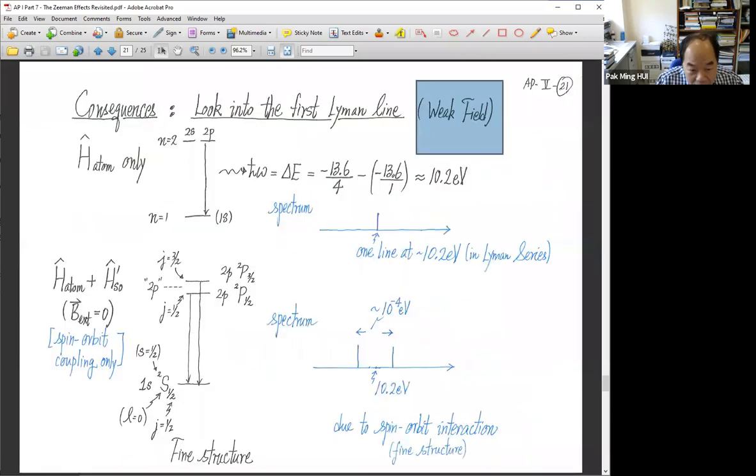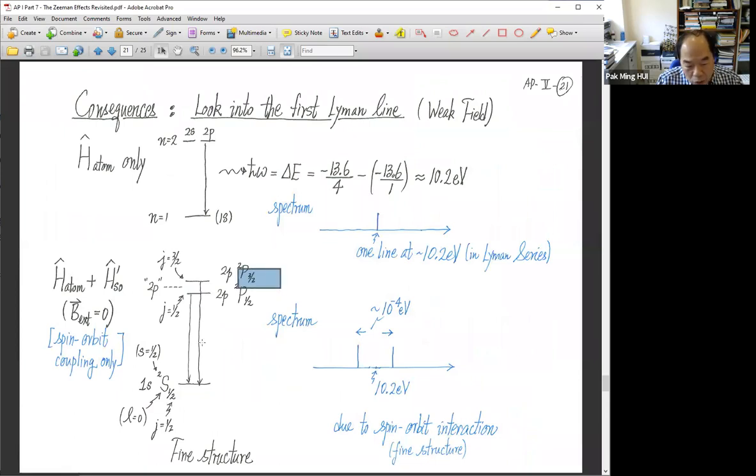Now life becomes more interesting. Now we have J equals 1/2 here. There is mJ equals plus or minus 1/2. So that will give us 2 states. This will give us another 2. This will give us 4.